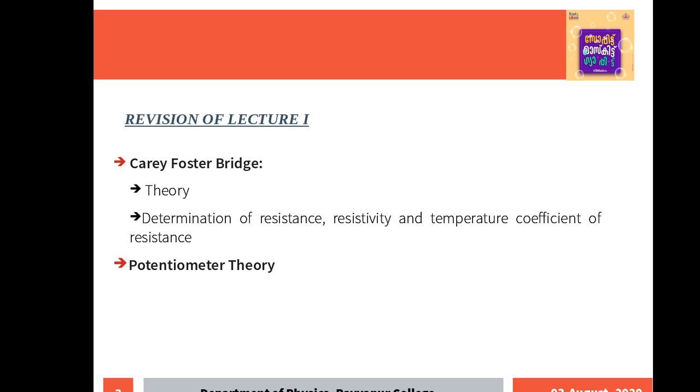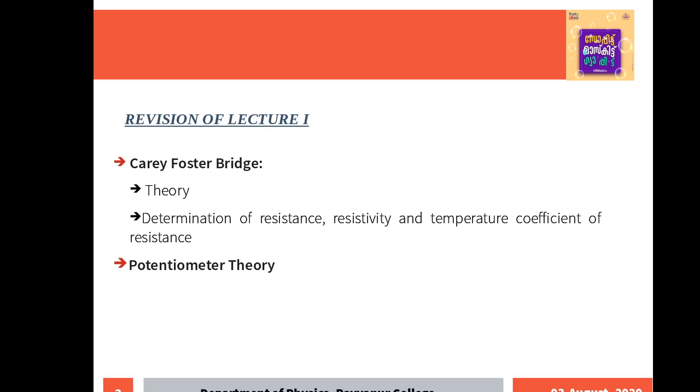And we found that the potential difference will always be proportional to the balancing length that we obtain from the potentiometer. The potential difference of the given source, that given cell or battery that we took in the secondary circuit, is equal to the potential difference per unit length of the potentiometer wire into the balancing length.